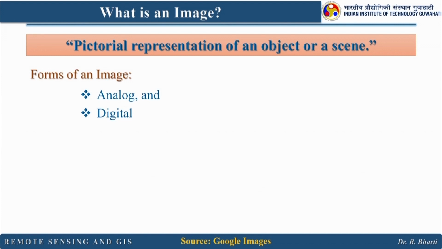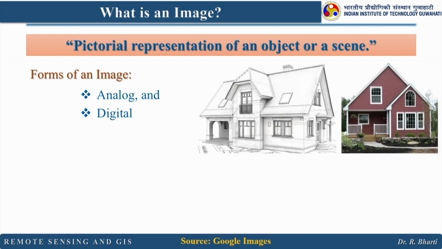We have two different types of images. The first one is analog, another one is digital. You can see here the house on the left is a sketch produced using paper and a pencil or pen, whereas the image on the right-hand side is captured through a sensor or a normal camera or maybe a mobile phone camera.